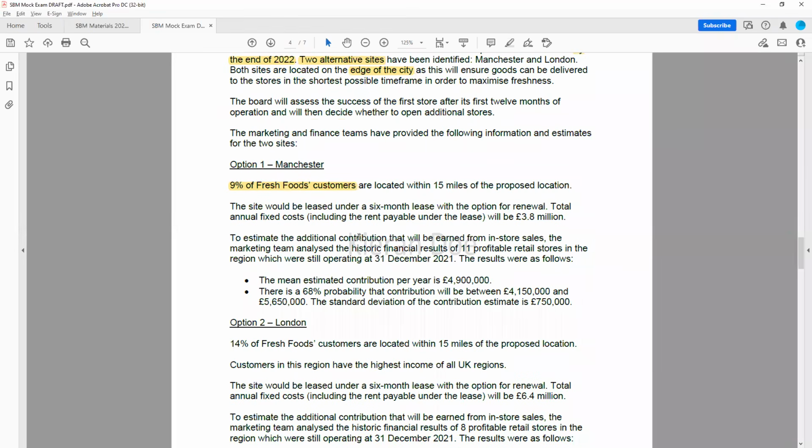The site would be leased under a 6-month lease with the option for renewal. So we're told total annual fixed costs, including the rent payable under the lease, will be 3.8 million. So it's going to be leased under a 6-month lease, but we're told the annual costs are going to be 3.8 million. So it must be 2 lots of that lease.